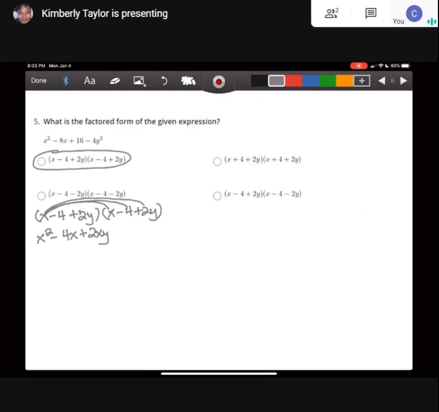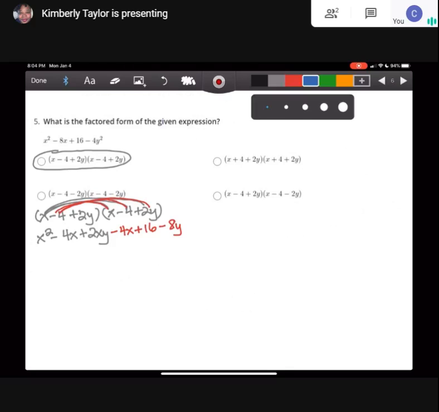Then you keep going. Now you're working with the negative 4. And let's do it in a different color. So I do a negative 4 times the x, and that's negative 4x. Negative 4 times negative 4 is positive 16. And then negative 4 times 2y is going to be negative 8y.